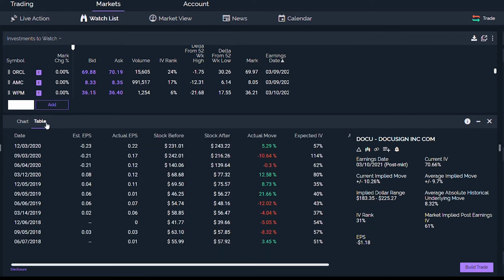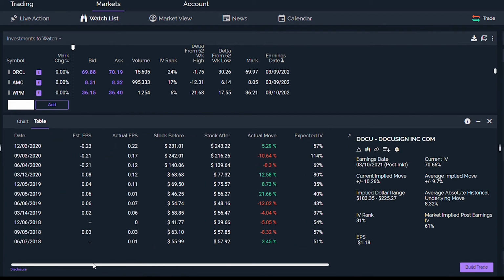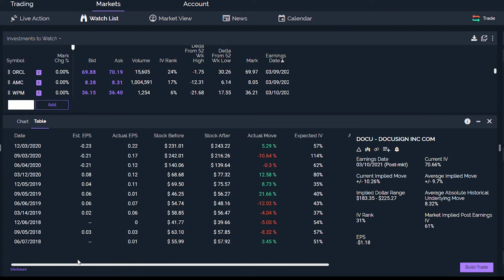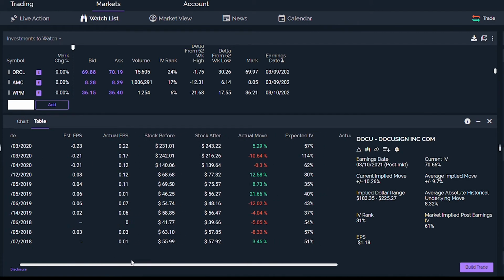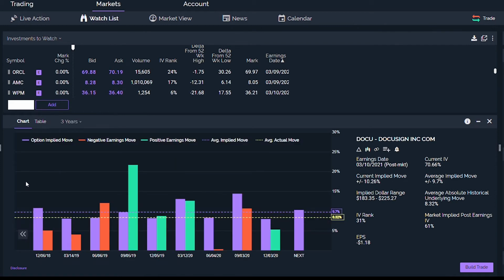Then we can take a look at a table here with a little more information on the earnings announcement: estimated earnings per share, actual earnings per share, the move that followed, and then expected IV and actual IV.